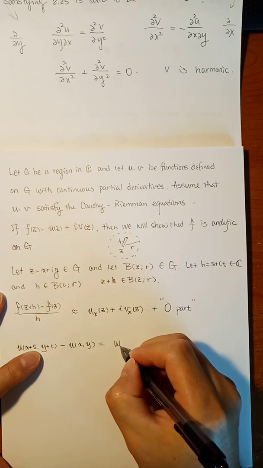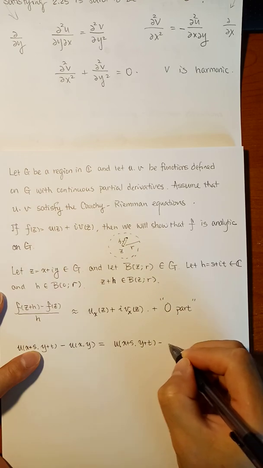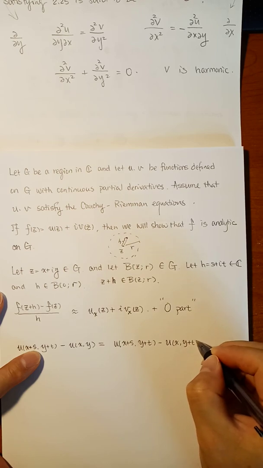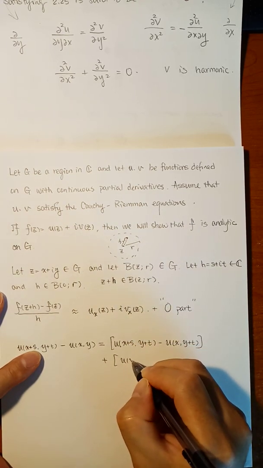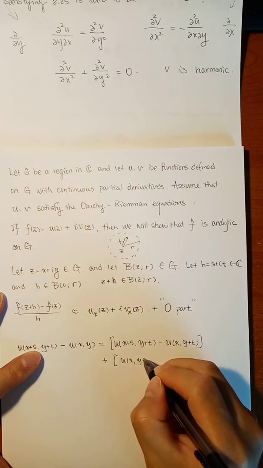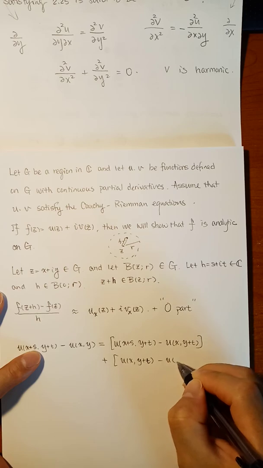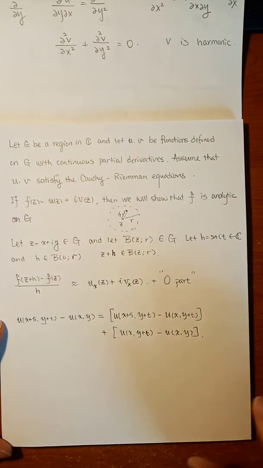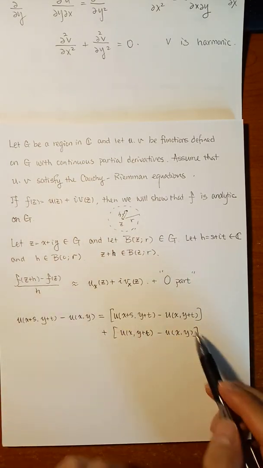So we are going to insert u of x, y plus t, and add u of x, y plus t minus u of x, y. We insert this to separate the x variable and the y variable.